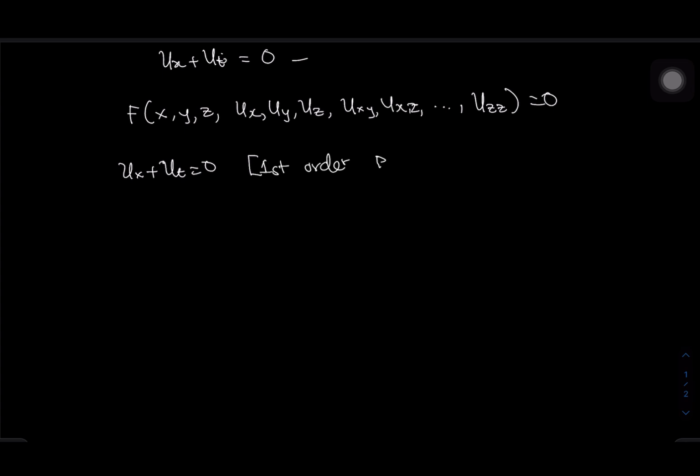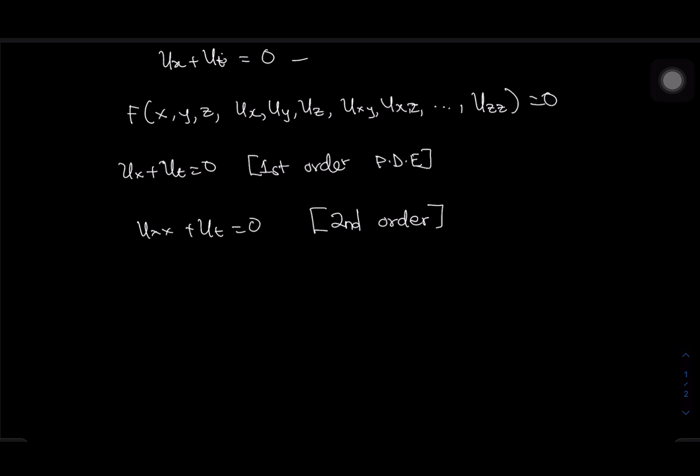What about uxx plus ut equals 0? What do you think it is going to be? It's going to be a second order PDE. Even though you have ut, the highest derivative is uxx. The highest derivative of the quantity was 2, so that becomes the order. So that should be clear for the order of a PDE.